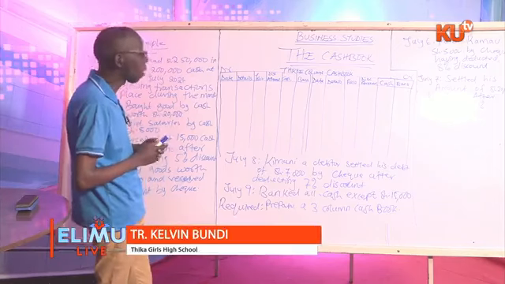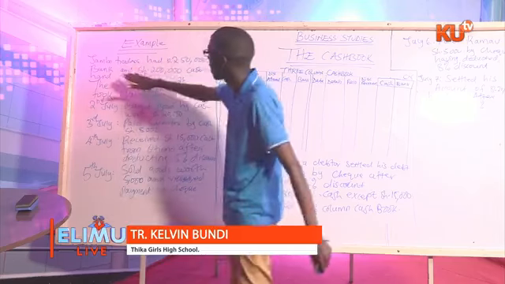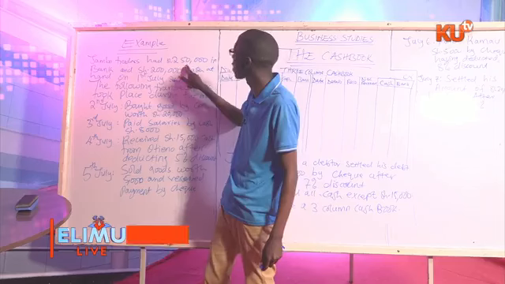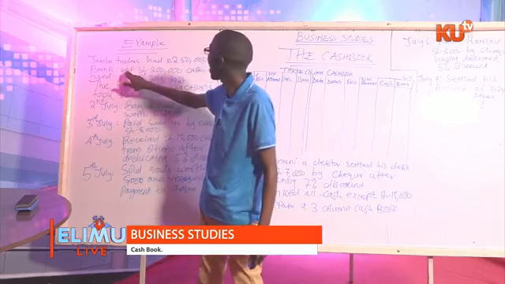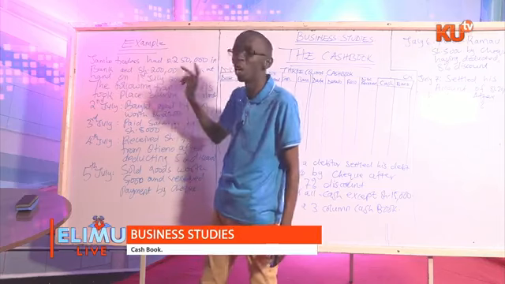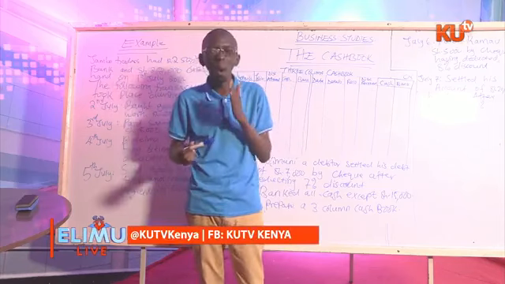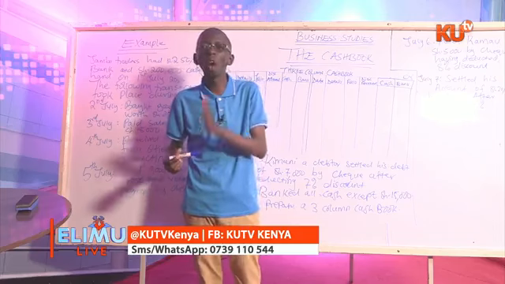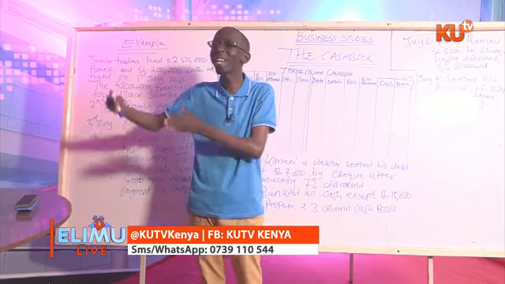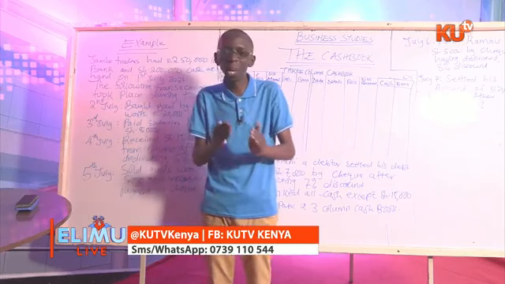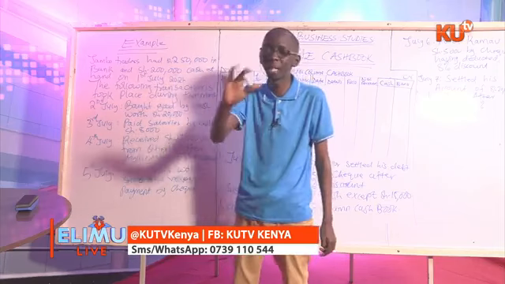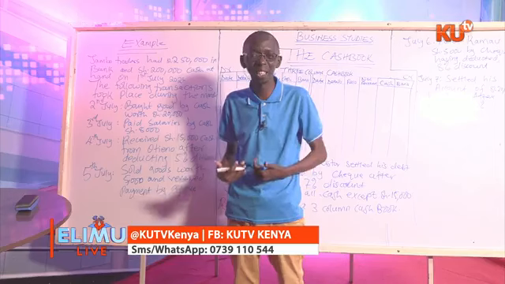So we'll start with our first statement: Jumbo Traders had 250,000 in bank and 200,000 cash at hand on 1st July 2021. This is what we call balance brought down. It is debited because that is the amount of money that he had.